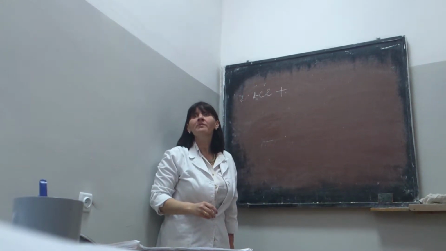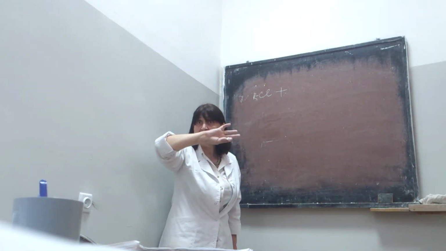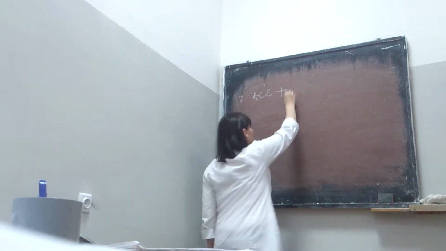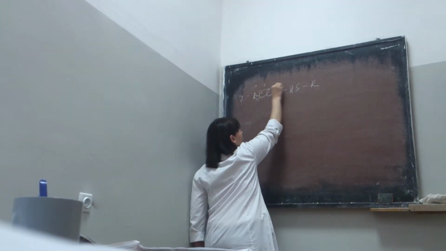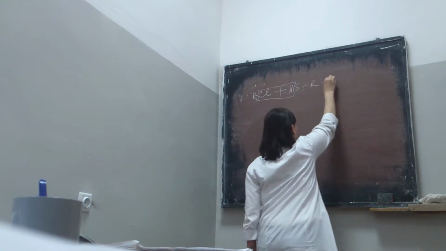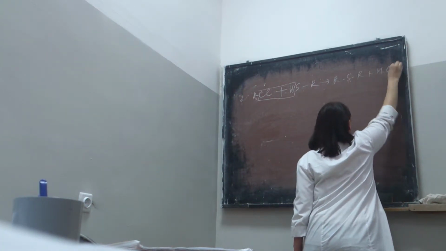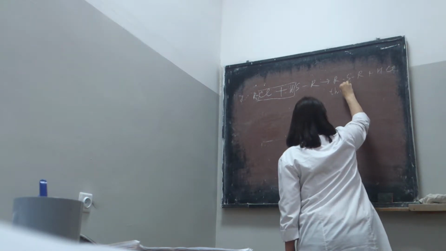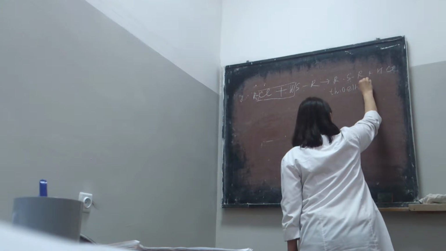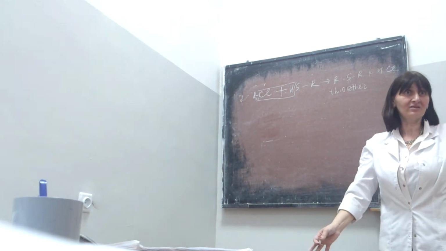It's like alcohol, but instead of OH you have SH. So H, S, and some R. The same situation, you get R, S, R plus HCl. So this one is thioether. Instead of ether, you get thioether.